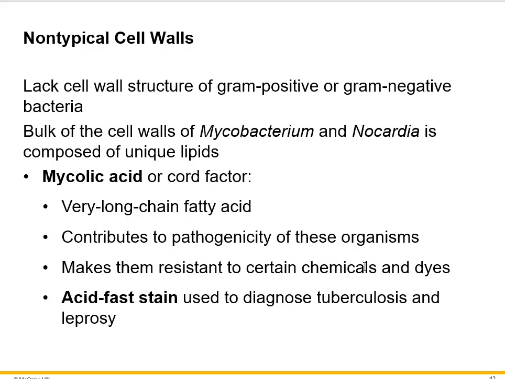It's resistant to chemicals and dyes, and we use the acid-fast stain to diagnose it because they are resistant to colors, dyes, and if you do happen to get the dye on there, then they're going to resist decolorization, even with acid alcohol. We use this to determine or diagnose tuberculosis and leprosy, which are two of the Mycobacterium species.